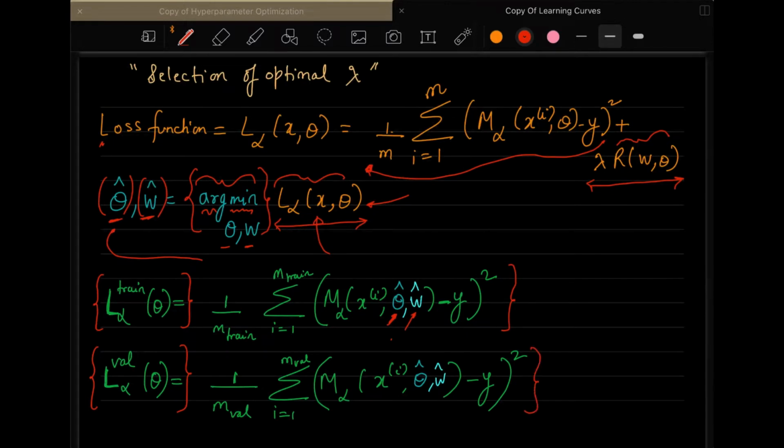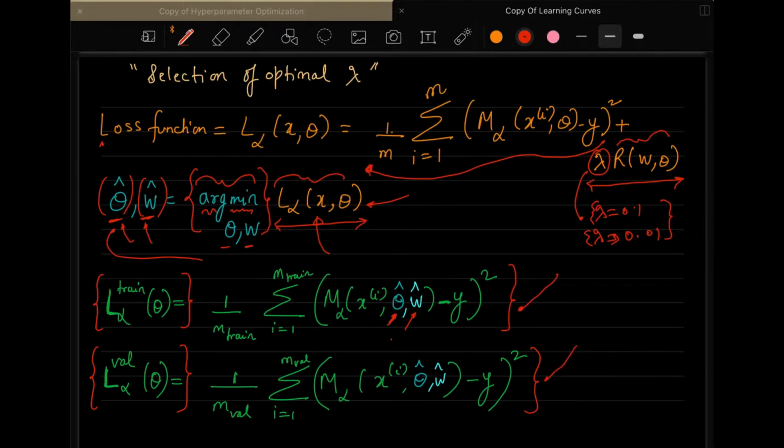And you do it repeatedly for different values of lambda. Earlier your lambda, let us say, was 0.1, then if you changed it by 10 times, or one by 10th of it, it will be 0.01. For each value of lambda, you will have some theta hat and w hat coming up, and for that you will calculate the value of the training and the validation loss.